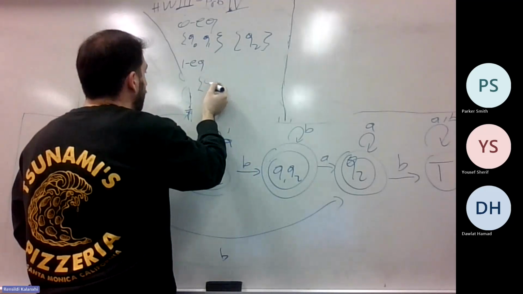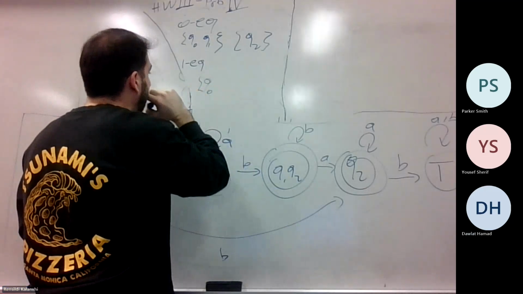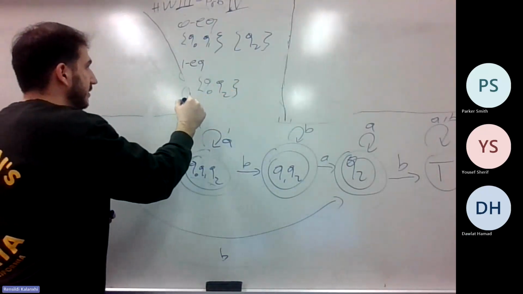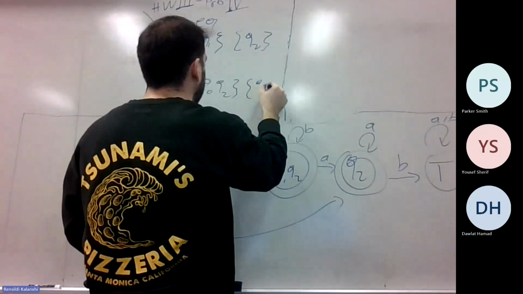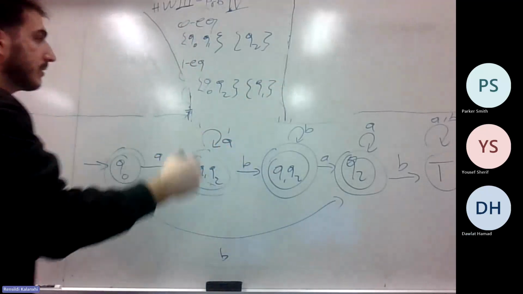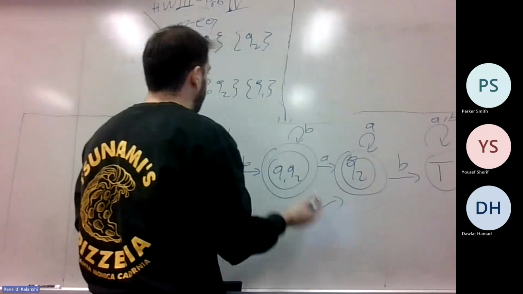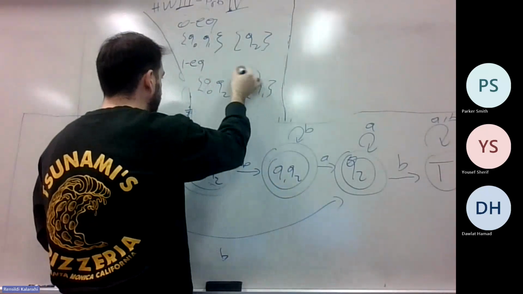If we have Q0 and Q2 for the first equivalence and leave Q1 alone, Q1 also points at the final state, so that will be included as well here.